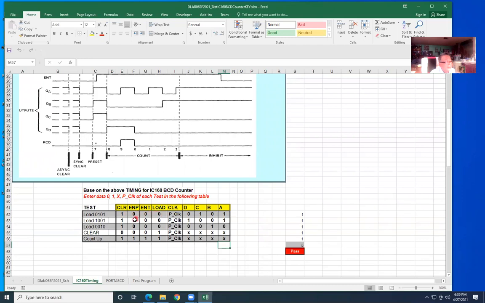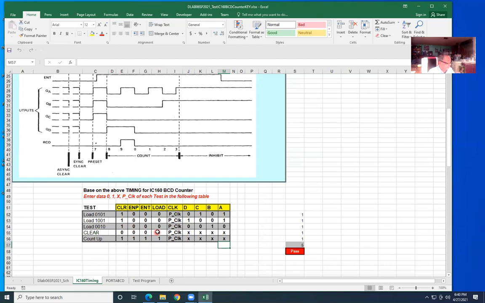You see, clear has to be 1. Load enable, load has to be 0. So you can get the inputs A, B, C, D, and load number 5. If you want to load number 9, same thing.